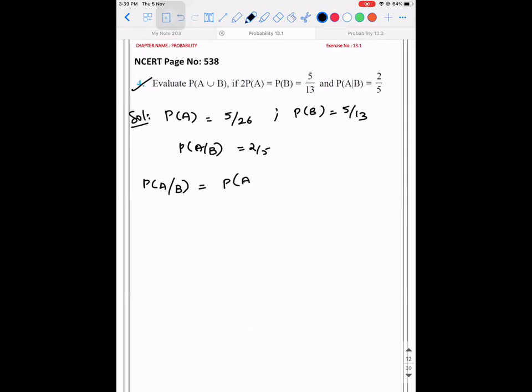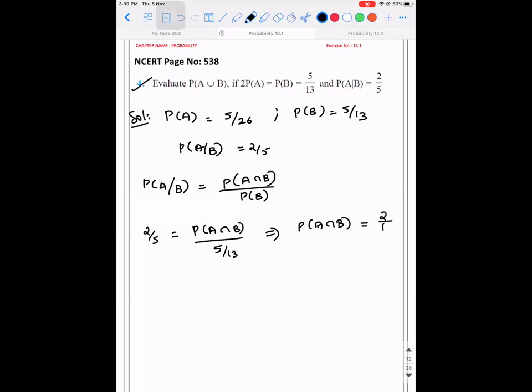It is probability of A intersection B divided by probability of B. Correct? So what is probability of A intersection B? That also we don't know. So we'll find it out. Let me substitute all the values. So probability of A given B is 2 by 5 is equal to probability of A intersection B divided by probability of B, which is 5 divided by 13, which implies probability of A intersection B is how much, guys?